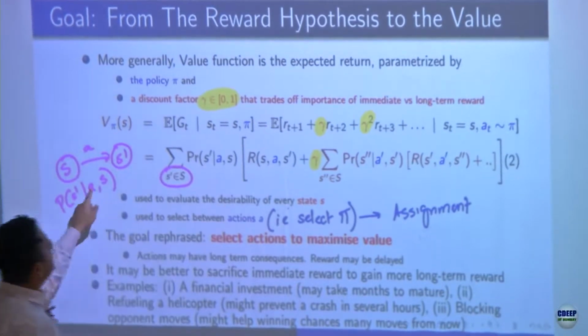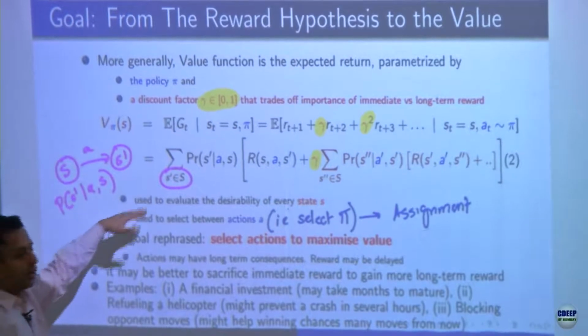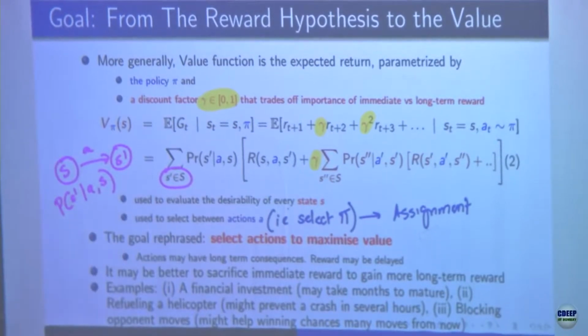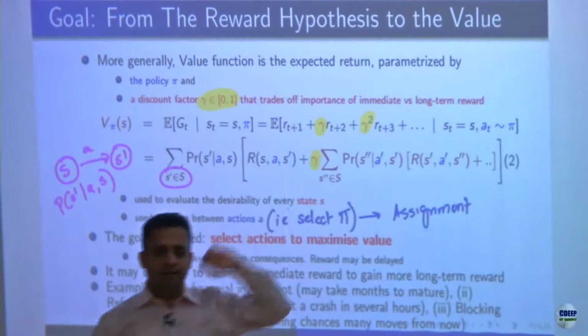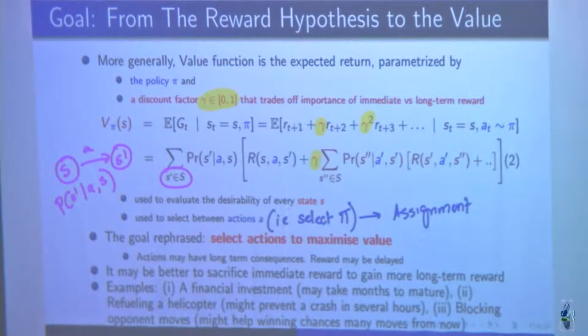The reward associated with this transition I already count. This is the reward already associated with the transition, and this is the reward I would have thereafter, discounted suitably using gamma. So this is the reward now, and this part is the box, the shaded part here, but I have now discounted it using gamma.